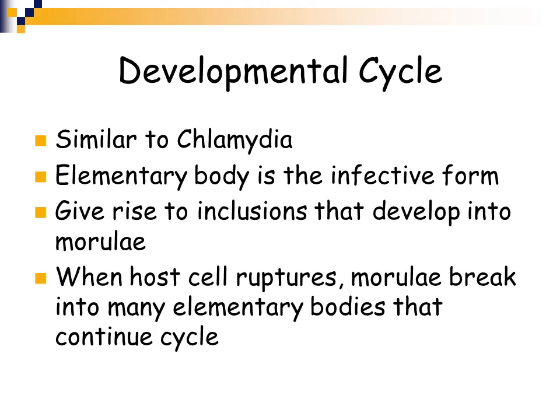These inclusions inside the white blood cells get very large. The host cell ends up rupturing, and these morulae break apart into a bunch of elementary bodies, and those elementary bodies continue that cycle. They go on and infect nearby cells. They end up developing into morulae. The host cell ruptures, the morulae break apart, and more elementary bodies go on to infect more cells.